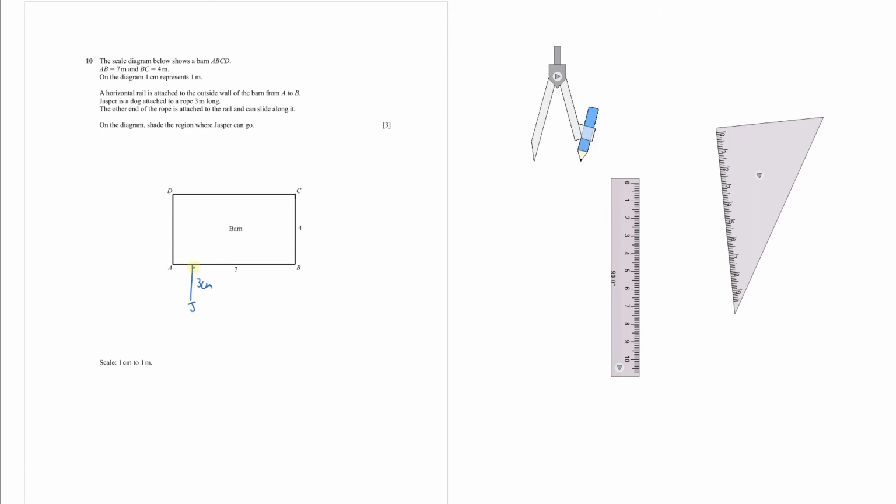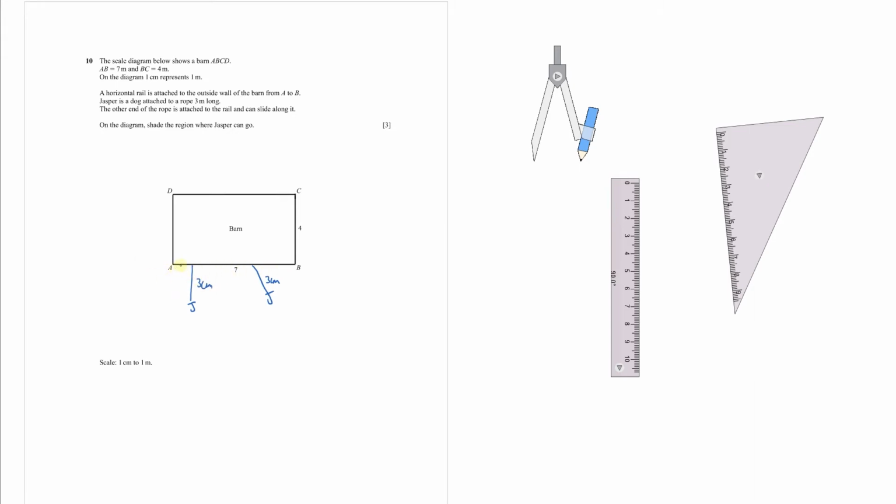So it can move a maximum of 3 centimeters, which in the real world will be 3 meters from the wall. So this point is sliding. So if Jasper wants to move here, it can move here as well. So that will be another 3 centimeters and Jasper can move here because this is a rail and the rail can slide basically along this wall AB.